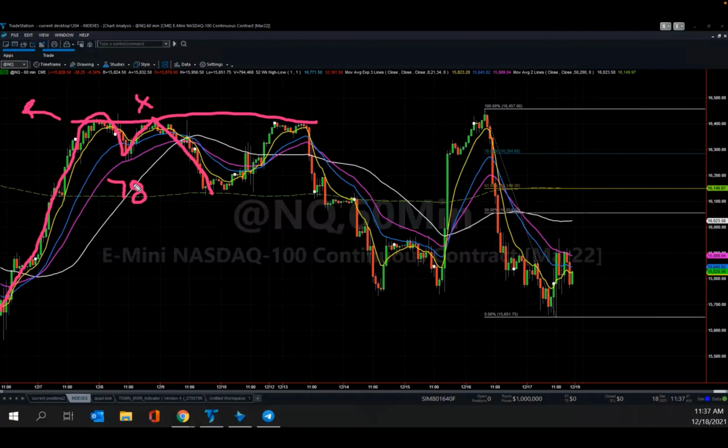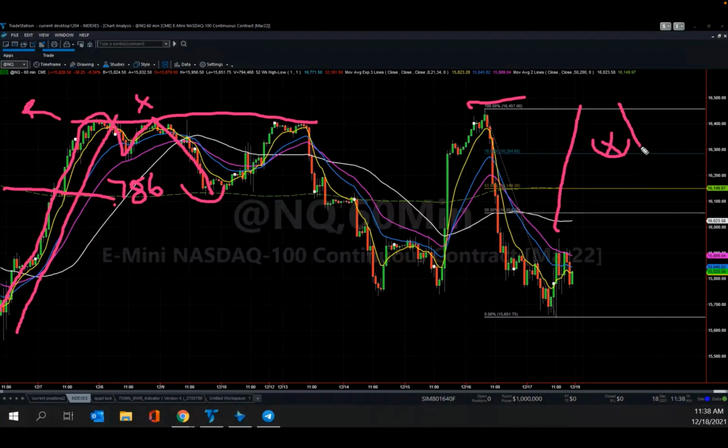I guarantee you that this 200-period moving average right here is the 786 of this swing. It held here, just like we're going to ask it to hold here. Everybody following this? We want it to hold here, right? It does this, retest. We want it to hold this level.